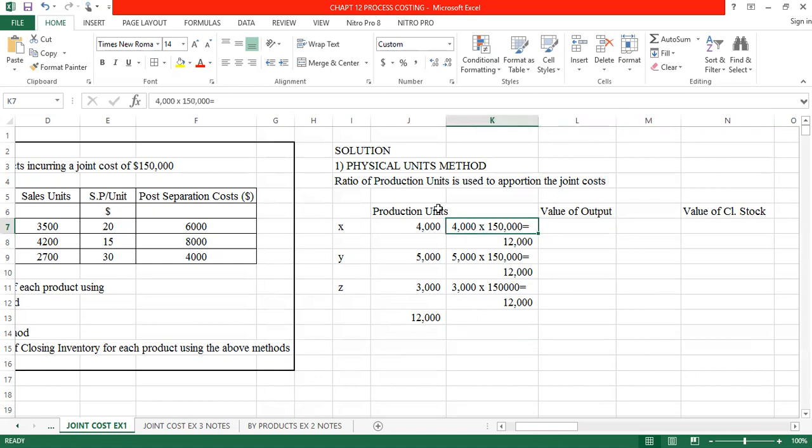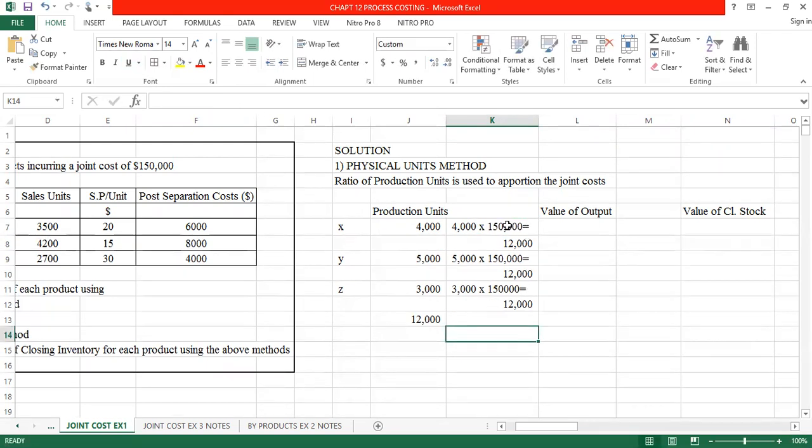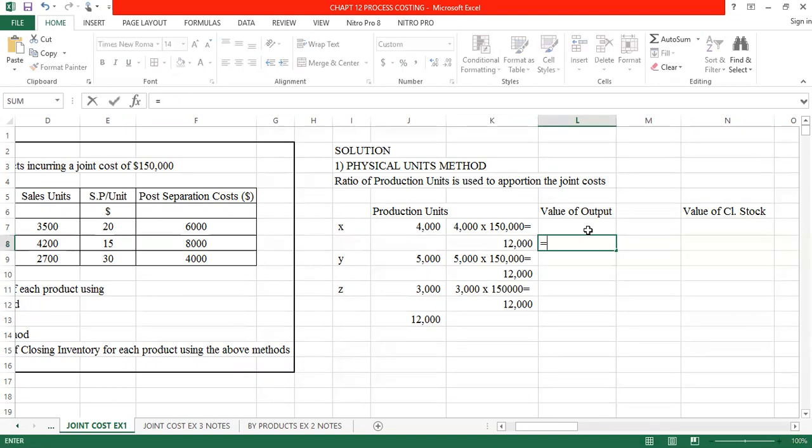So you divide. I'm trying to see how best to divide. So what do you get? This will give you 4,000 over 12,000 times 150,000.